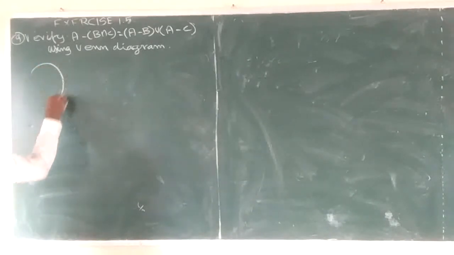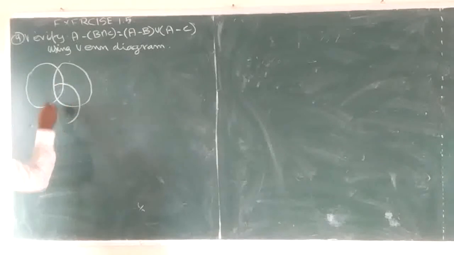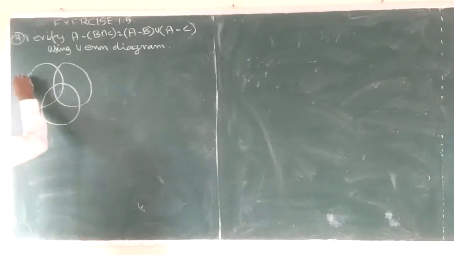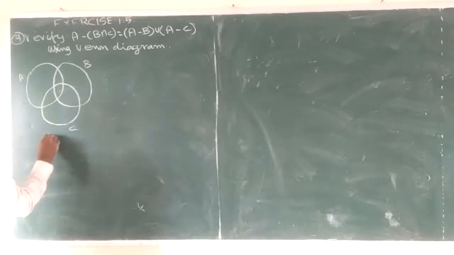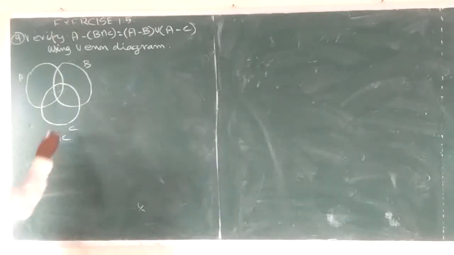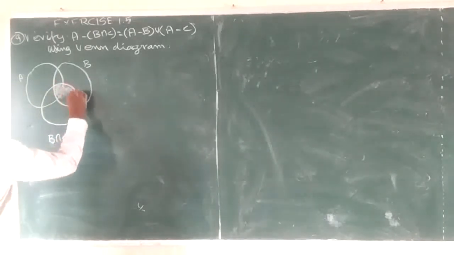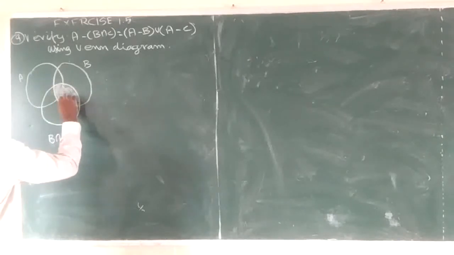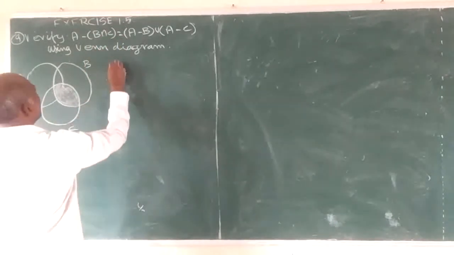You draw 3 sets: A set, B set and C set, and name them A, B, C. Here you have to find out B intersection C. What is common between B and C means this portion. This is B intersection C.